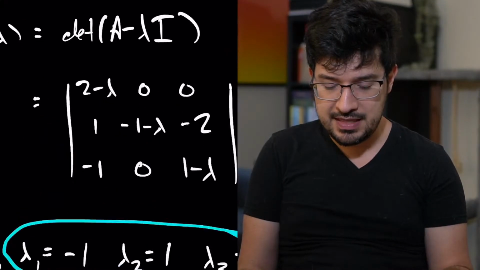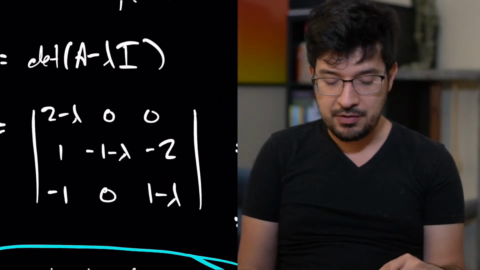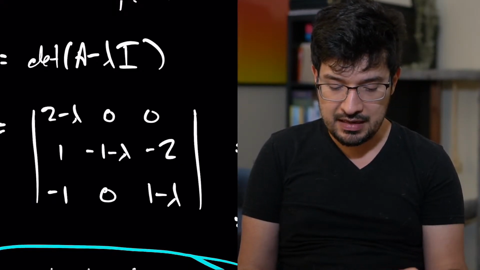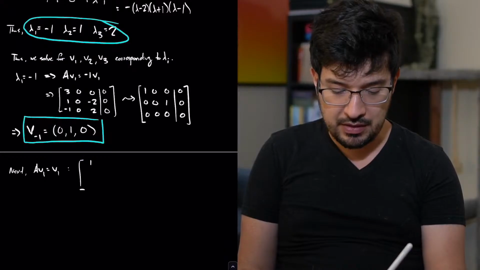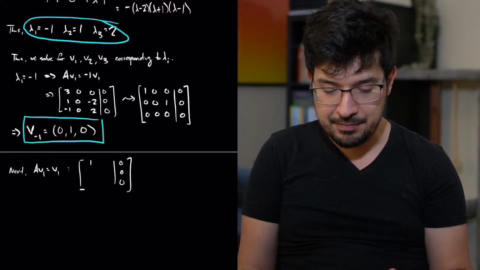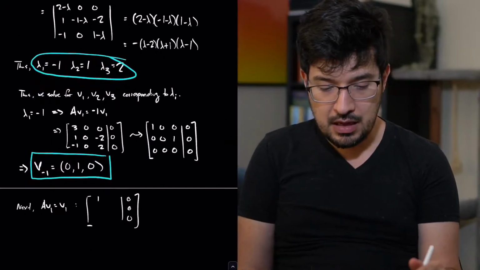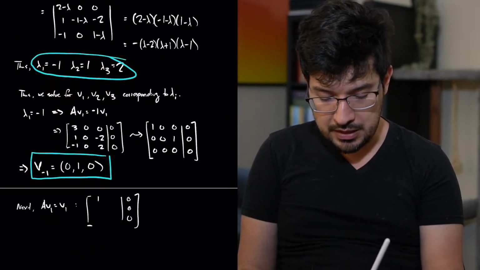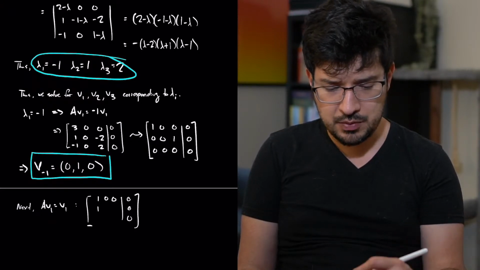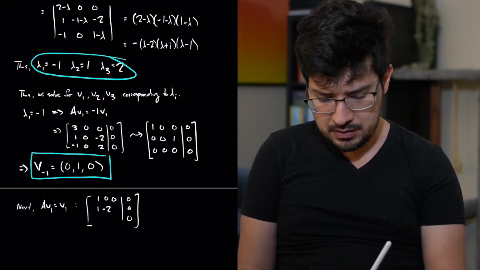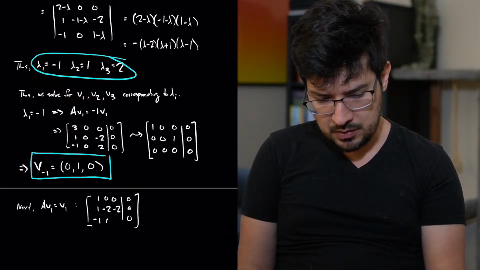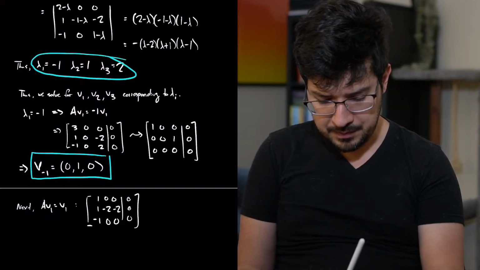I'm comparing to this matrix where, even though it's written as the determinant of the matrix, you can still see that as the correct matrix when we're solving for the null space of A minus lambda I. So 2 minus 1 is 1. 1 minus 1 minus 1 is -2. -2. -1, 0. 1 minus 1 is 0.